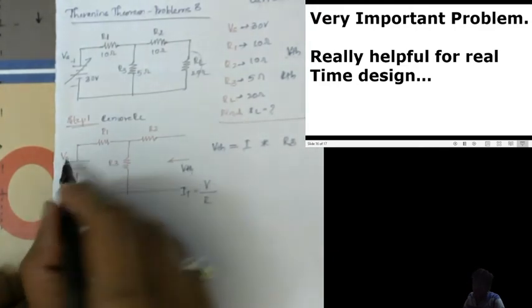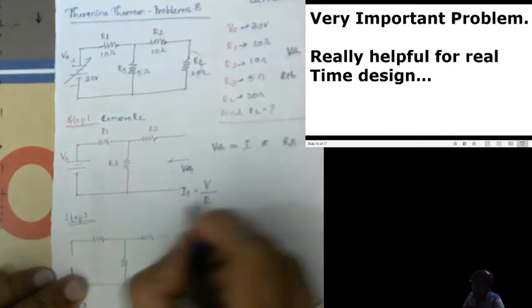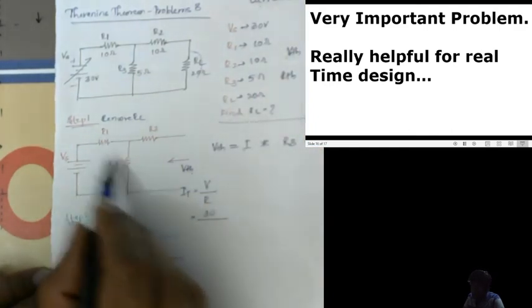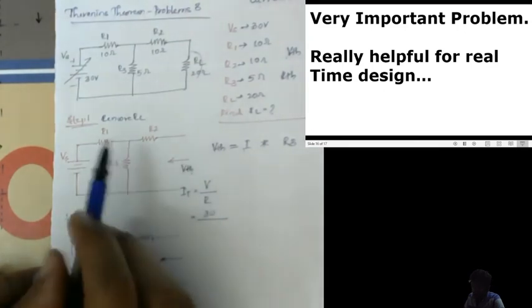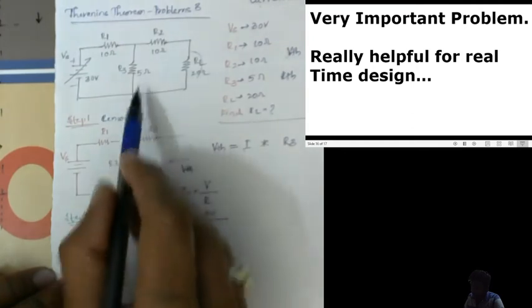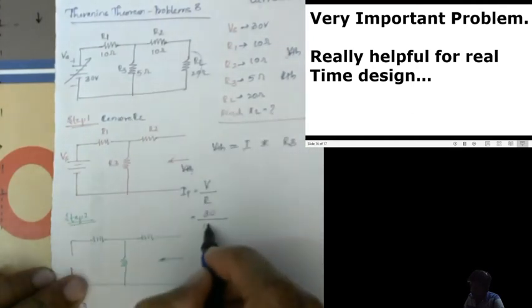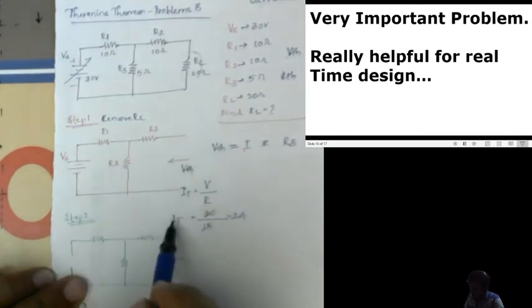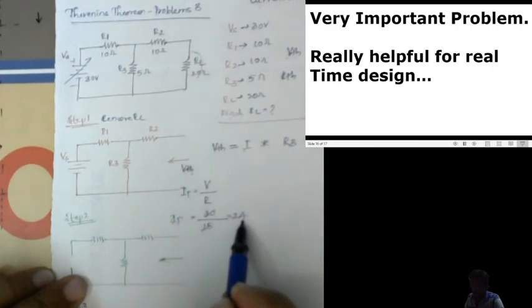Vs, which means 30, divided by the two resistors connected in series. The R1 value is 10 ohm, R3 value is 5 ohm. This becomes 15, which gives 2 ampere. The total current becomes 2 ampere.